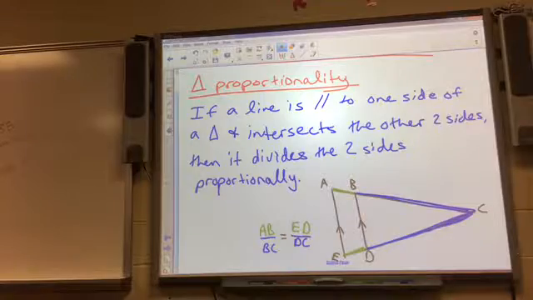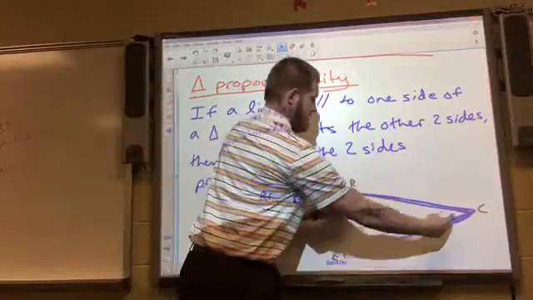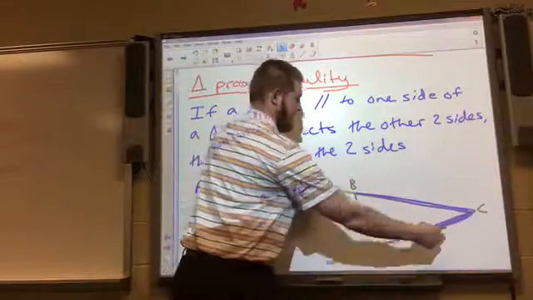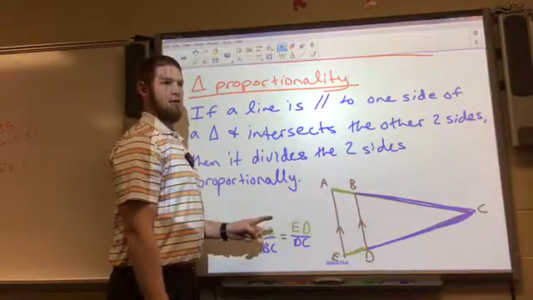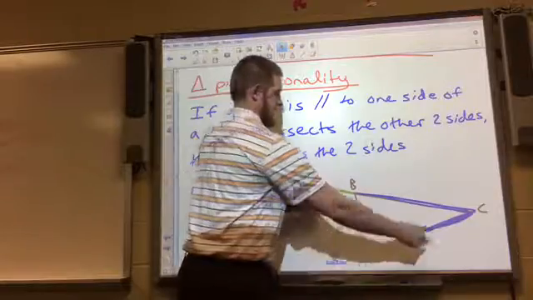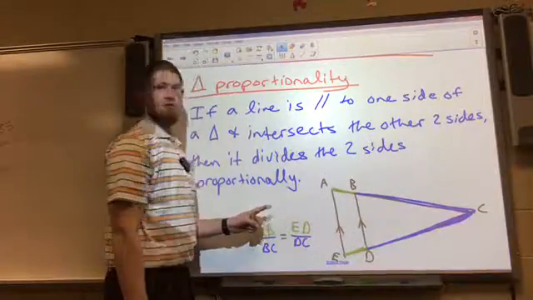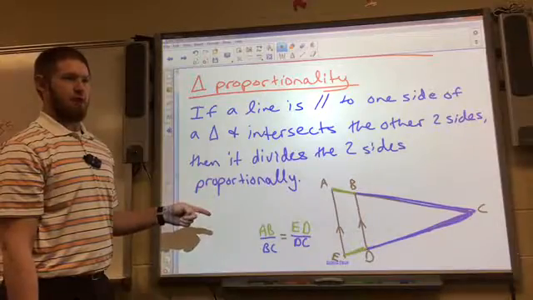Technically, before right now, you should have been doing BC over AC. You guys see that? Because BC is the whole side of the triangle, and so is AC, right? Of my two triangles. Technically, before now, you should have been doing that.